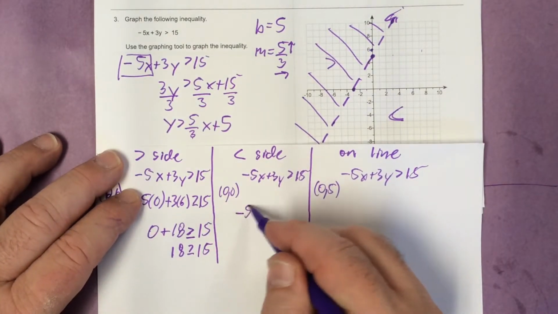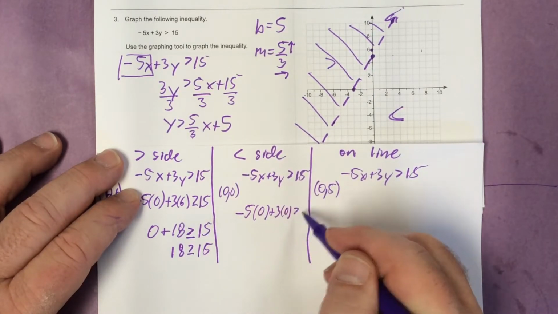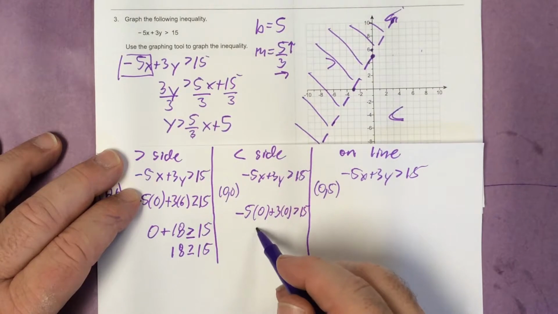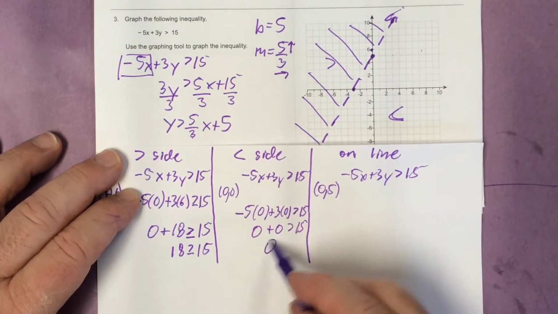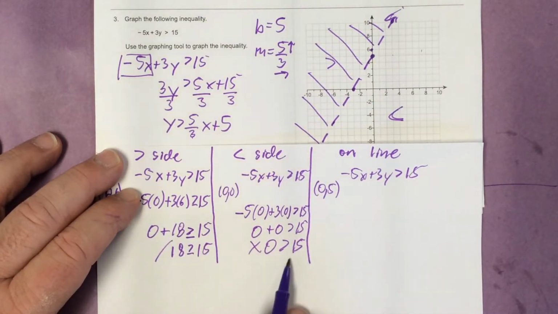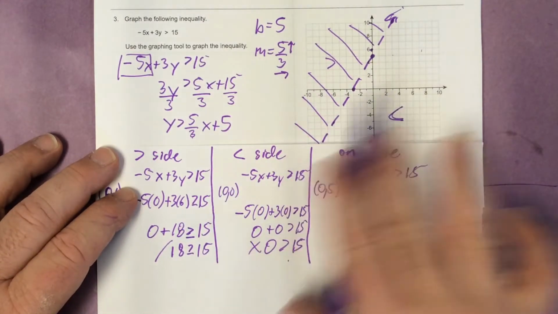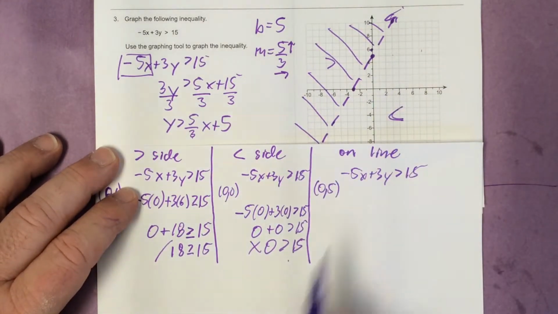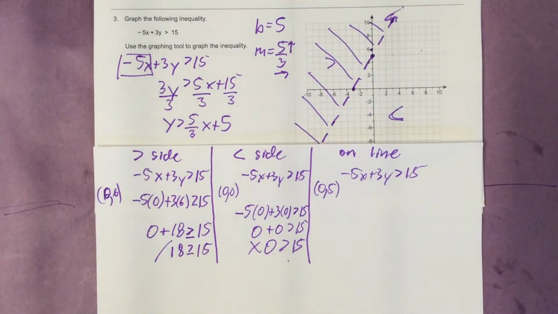So we have here negative 5 times 0 plus 3 times 0. So here we have 0 plus 0. And we're saying, is 0 greater than 15? No. This one works, but this one does not work. This one's not true. So fair to say we've probably come up with a pretty good graph of this. But let's take a look at a point on the line. Now, in the last problem, we noticed that the point came out to work.